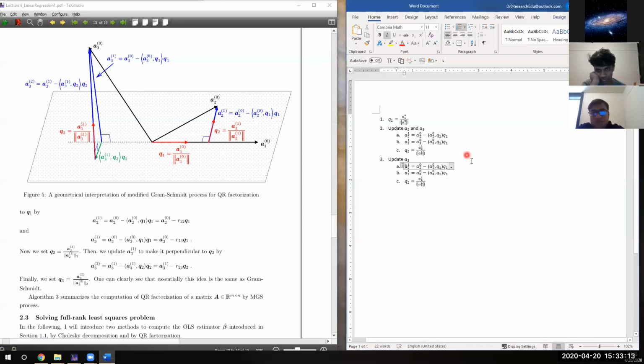And you're going to have A3 2 equals A3 1 minus the inner product of A3 1 and Q2 times Q2. And then finally, you're going to have Q3 equals A3 2 divided by its own norm.